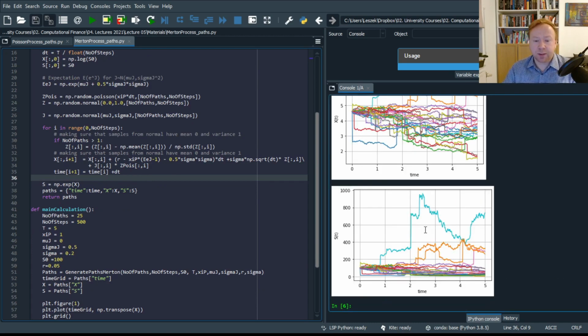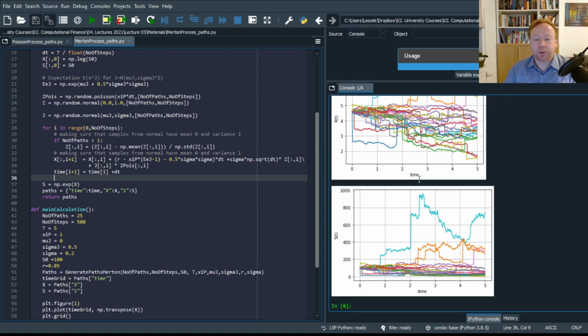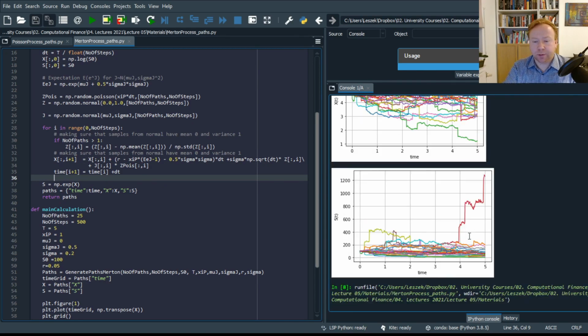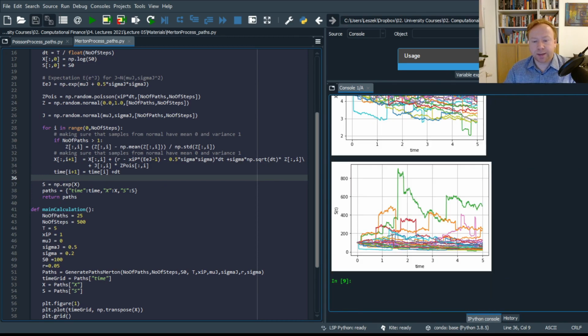Once we simulate that, we get process X, which is the logarithm of S. Every time we have a different set of paths. If you look at S, it indeed has a rather jumpy distribution.